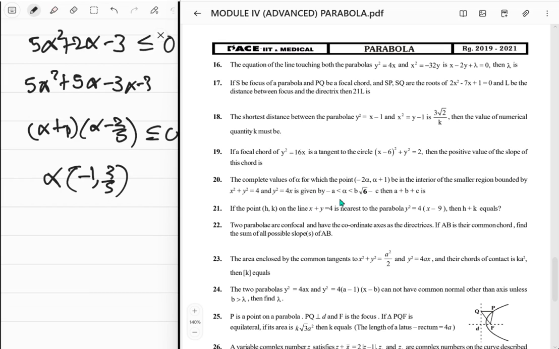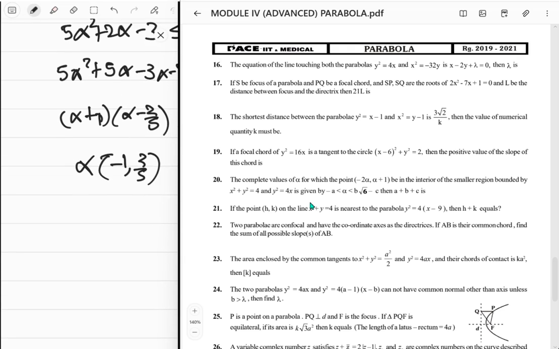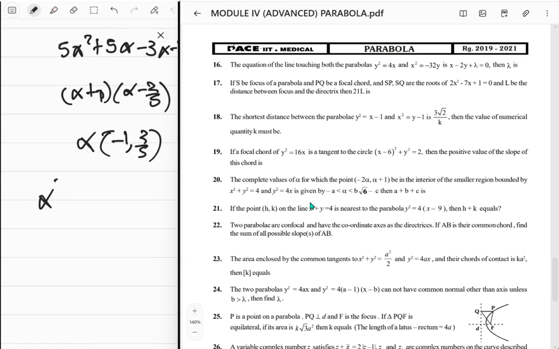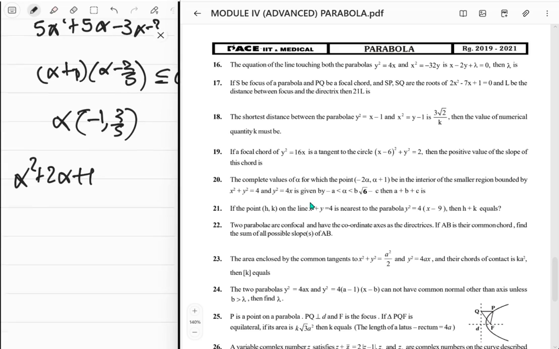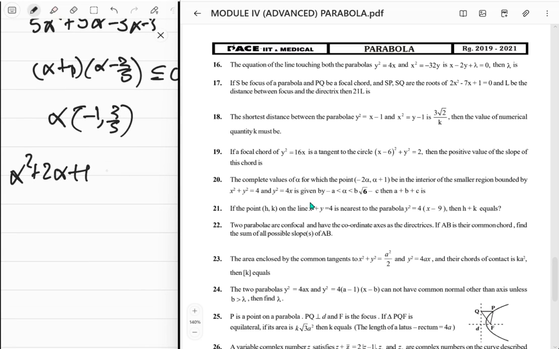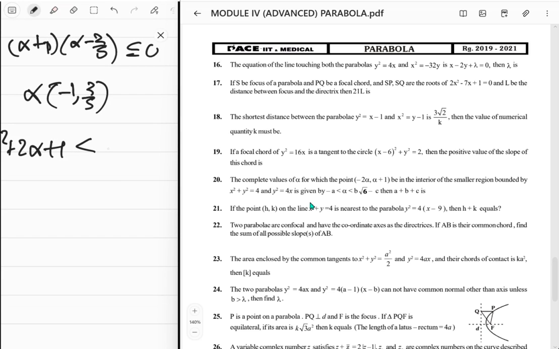Also it should be inside the parabola, so y squared minus 4x must be less than 0. If y is more than expected it would be bigger than 0, but we need less than 0. So y is alpha plus 1, squared: alpha squared plus 2 alpha plus 1 must be less than 4x, which is 4 times this guy.